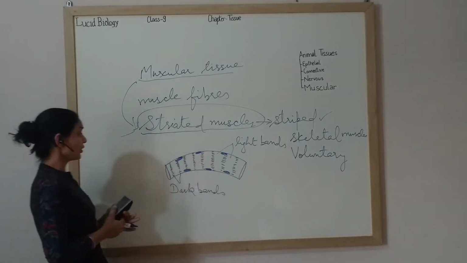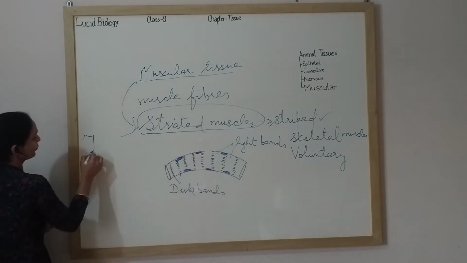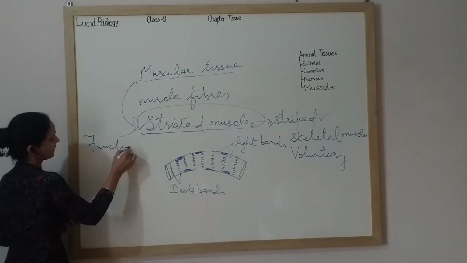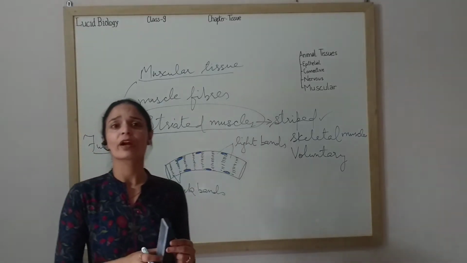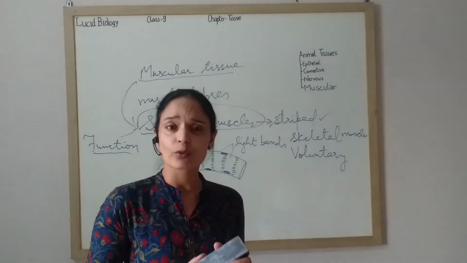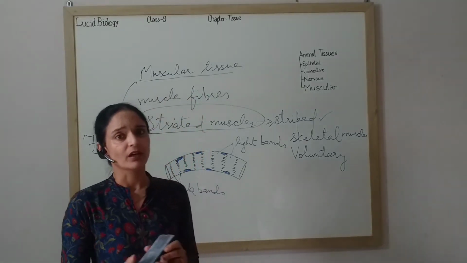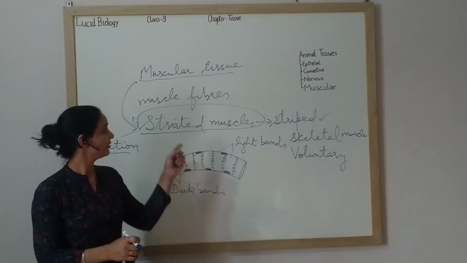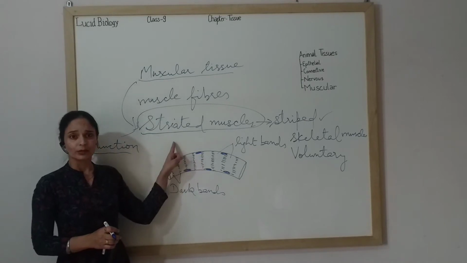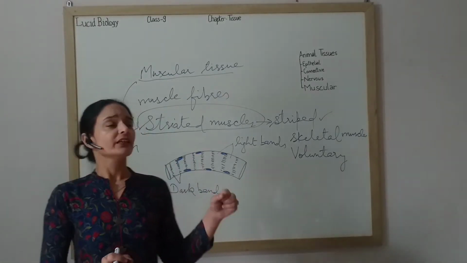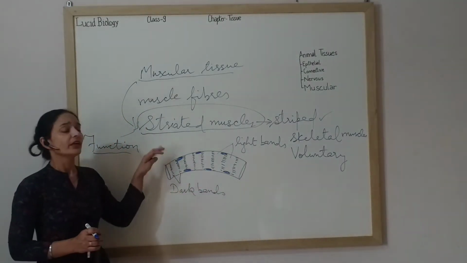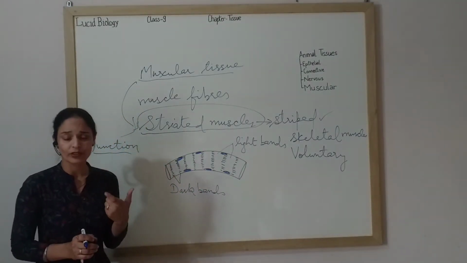Now, the question comes, what is the function of these muscles and where do we find them? Function. The most important function of striated muscle is to control movement of our limbs. Our bicep and tricep muscles are striated muscles. We can control their movement. And apart from this, it is also present in the tongue. We can control movement of our tongue.